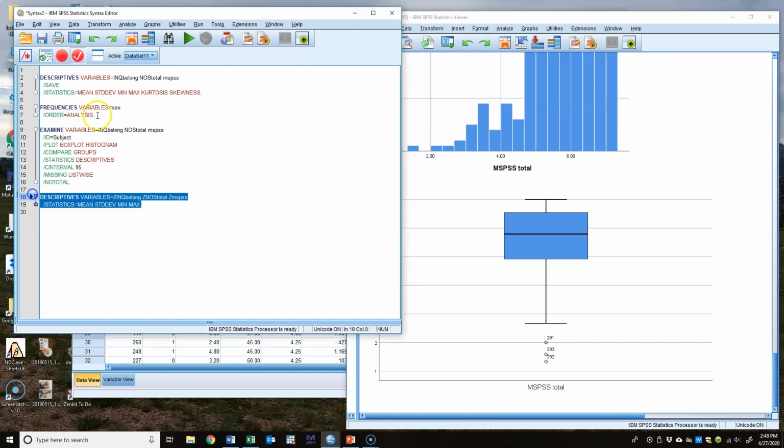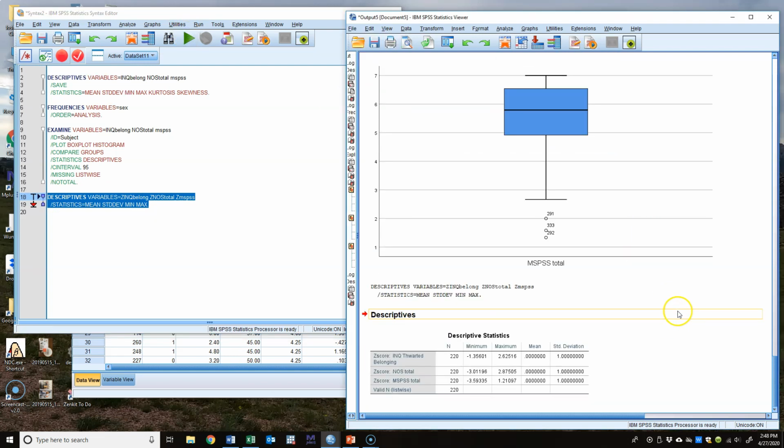Okay, and remember, what I'm wanting to look for here is evidence for high standardized values that would suggest the potential for possible extreme cases. So if I'm looking at the min and max for my thwarted belongingness, my INQ belongingness, things are looking okay here.